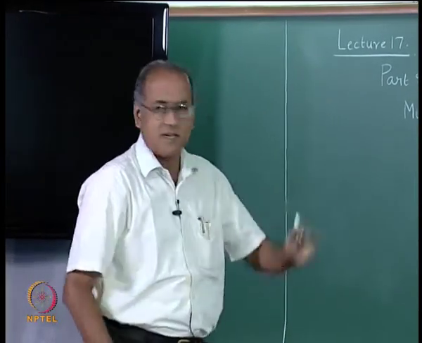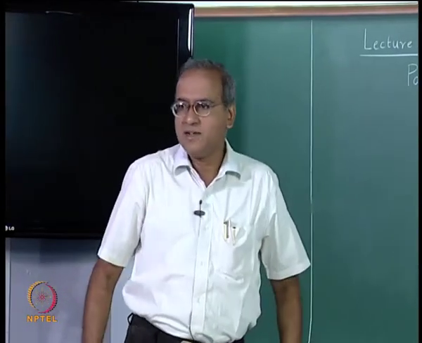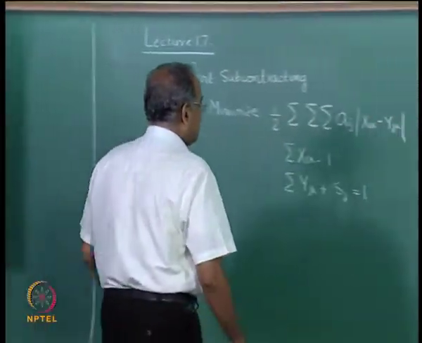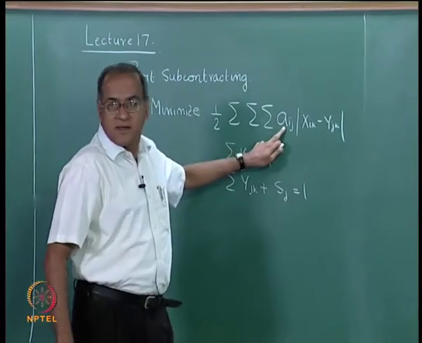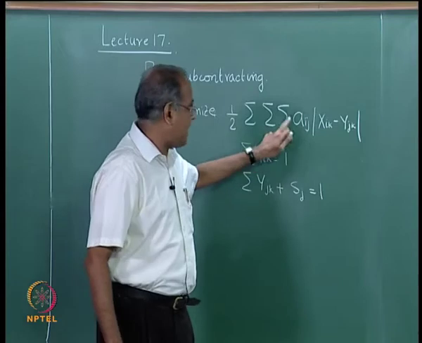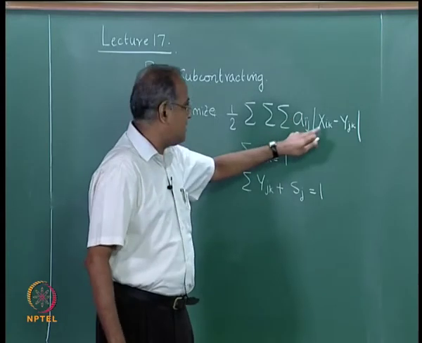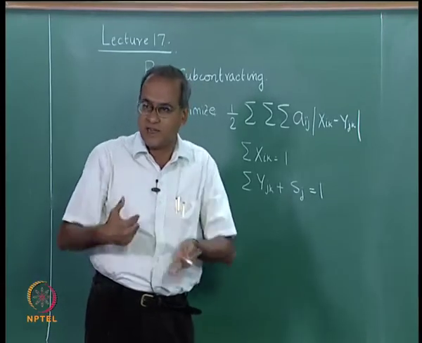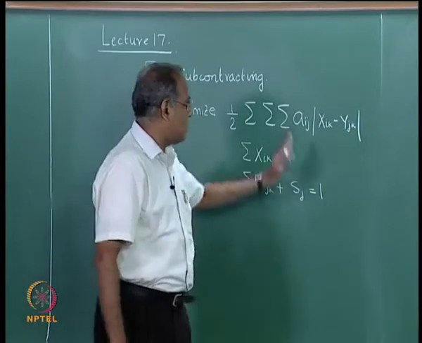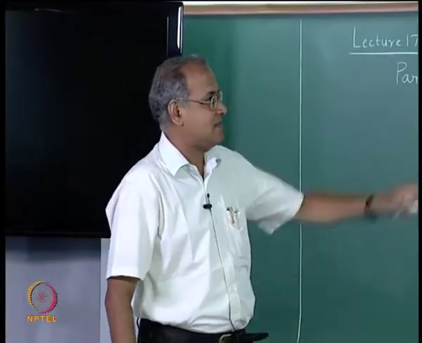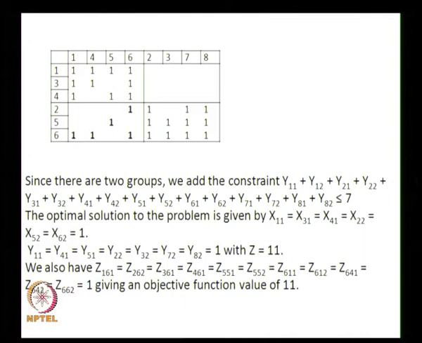Suppose all the 8 parts go to subcontracting, then no part goes into the cell, and the objective function value here, because this a I j will be 1. For every a I j that is equal to 1, there will be some x I k that is 1, because each machine is allocated to a cell. So, this will throw out as many intercell moves as the number of 1s in the matrix, if all parts are subcontracted.